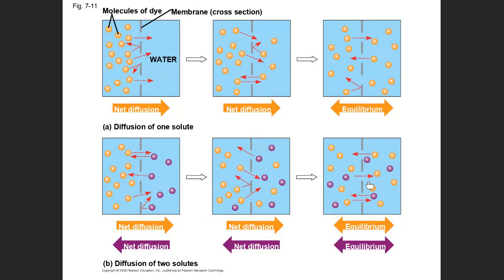So as long as a solute molecule can diffuse through the membrane, it's going to try to reach equilibrium on both sides of the membrane. But not everything can get through membranes, whether it's this artificial membrane in lab or actual cell membranes. And so that causes some interesting things to happen.